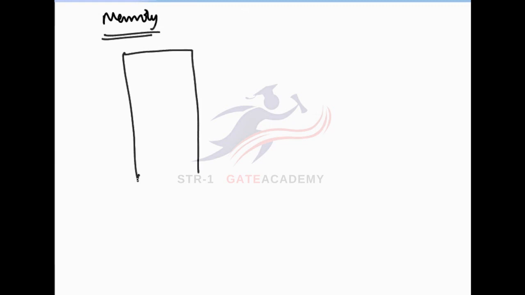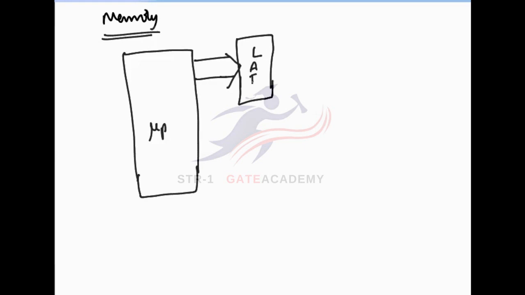Now memory interfacing. The microprocessor is directly connected with the external memories. To connect the external memory, it first has to perform a demultiplexing operation. In this demultiplexing operation, the first device is a latch.